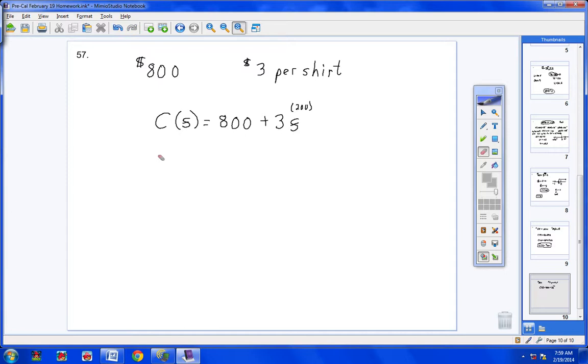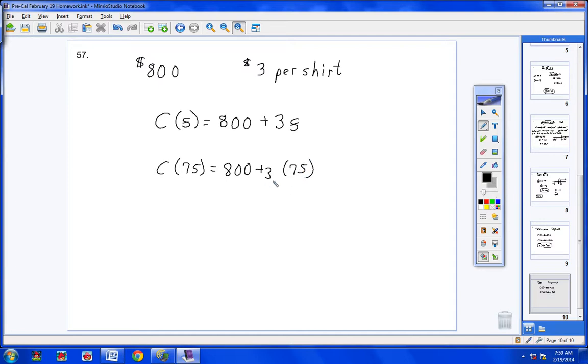It really, really is. Now, let's go ahead and get rid of this so it's not in the way. There's our function. Now, then determine the total cost to produce 75 shirts. Okay, no problem. Let's find the cost for 75 shirts. So, cost of 75 shirts equals 800 plus 3 times 75.